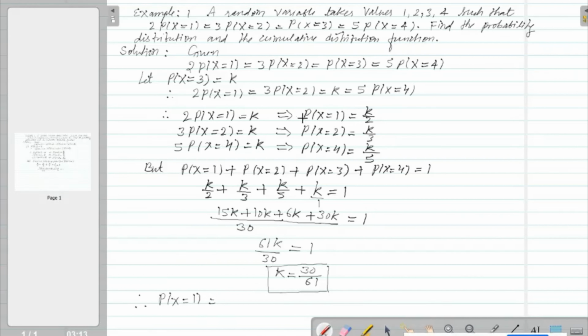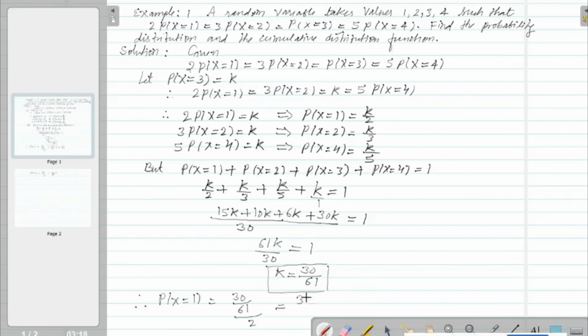P of x equal to 1 यहाँ से निकालेंगे, कितना आएगा? k की वैल्यू रिप्लेस करो, k is 30 by 61 divided by how much, 2. तो कैसे आएगा ये? 30 by 61 into, यहाँ पे 2 आ जाएगा, तो आपको क्या मिलेगा, 15 by 61. P of x1 कितना है आपका, 15 by 61.